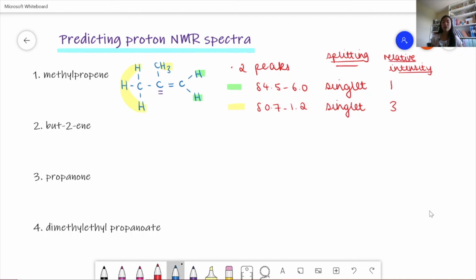And then now we're going to move on to butene. So we have 4 carbons in the main chain, and then a double bond between the second and third carbons. And then we have hydrogens everywhere else.